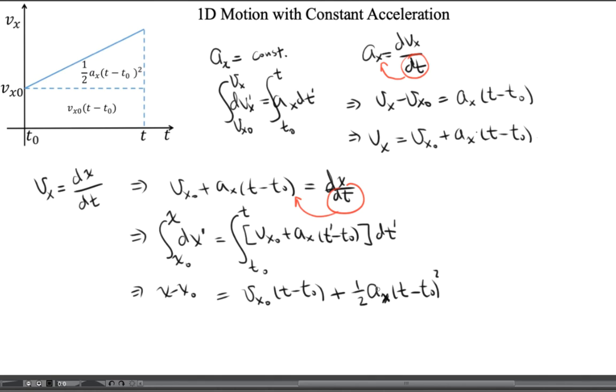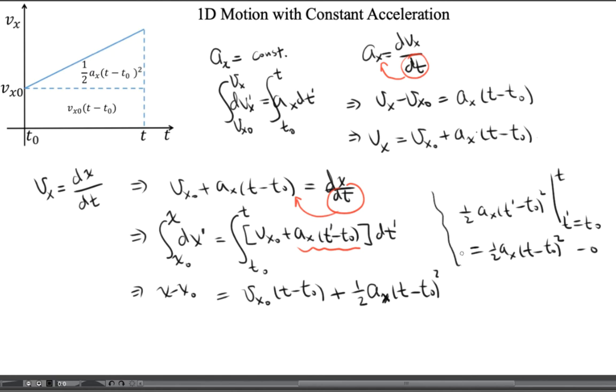Let's look at this step carefully: this integration gives me 1/2 ax times t prime minus t naught squared, with t prime going from t naught to t. The upper bound gives me 1/2 ax times t minus t naught squared, and for the lower bound, if you substitute in t prime equals t naught, you get 0, right? Minus 0.